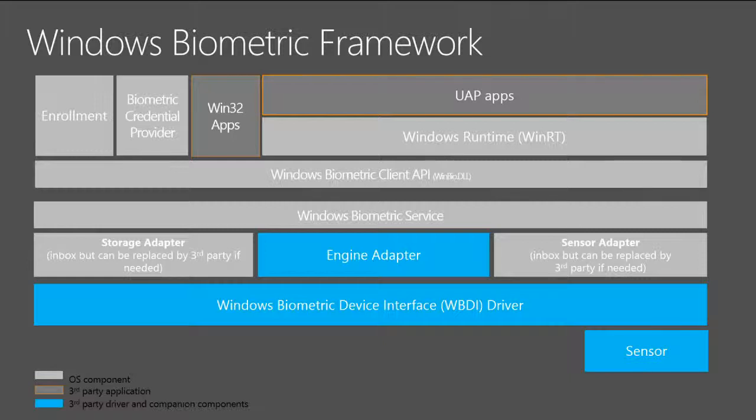On top of that, we have the Windows Biometric Service communicating with all those adapters, a set of APIs, WinBio APIs, and on top we put the enrollment that you've seen. We have what we call the credential UI with credential providers, and credential providers are the way a user actually authenticates to the device or uses those devices.